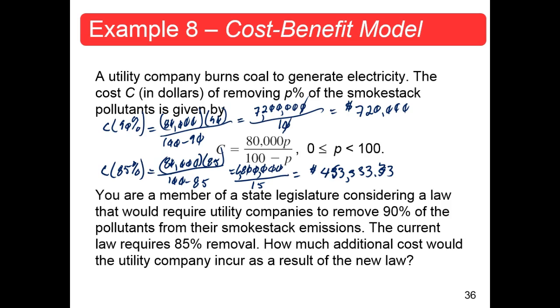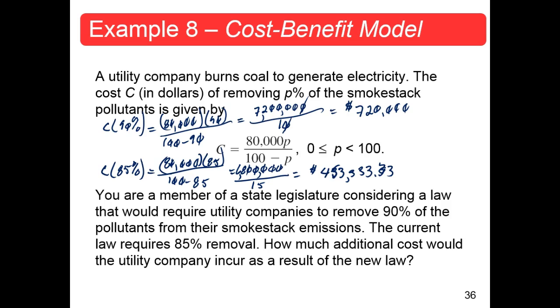Okay, now, that was a straightforward way to do it. And I think that's what the book did too. Yeah, they did it exactly that way. $453,333 is the current cost to get it up to 90, 720,000.